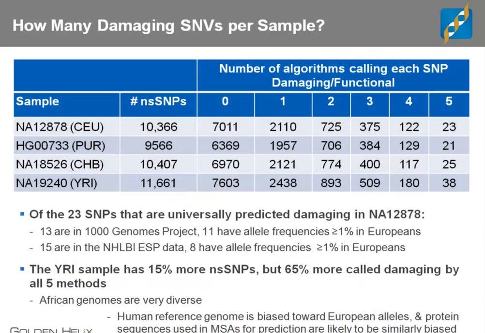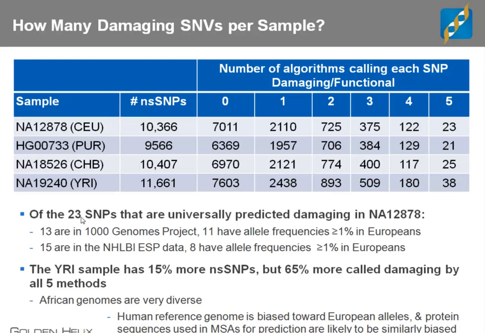If we build a table then of how many of these 5 algorithms call any given non-synonymous SNP to be damaging or functional, we can see that in all 4 of the samples we looked at, right around 10,000 non-synonymous SNPs, and a very small number of them are consistently called damaging, while there's really some wild differences in each individual algorithm.